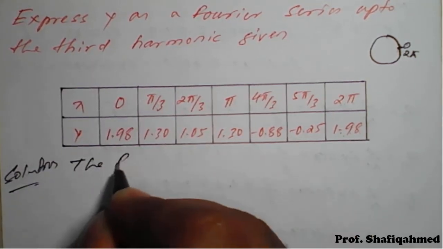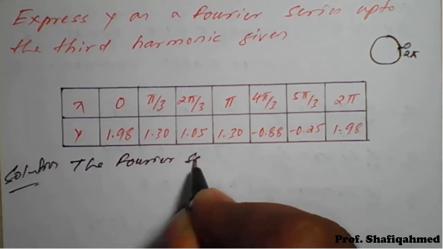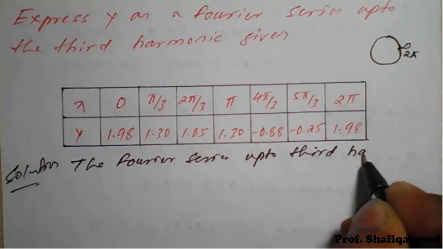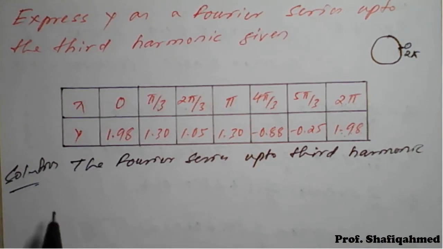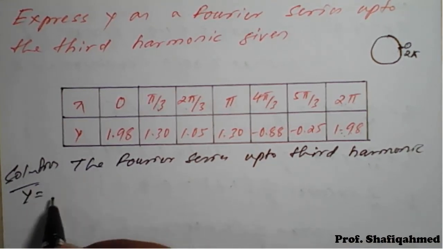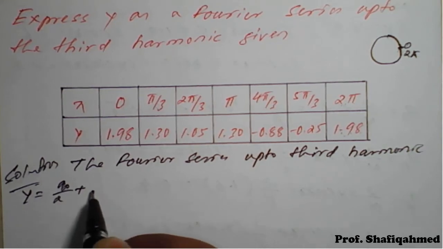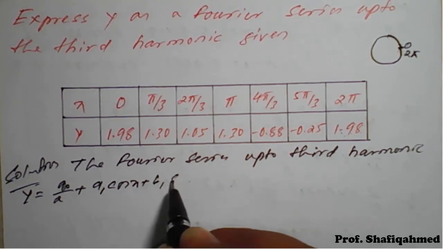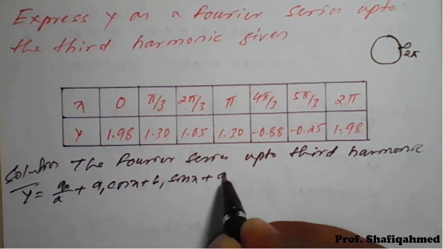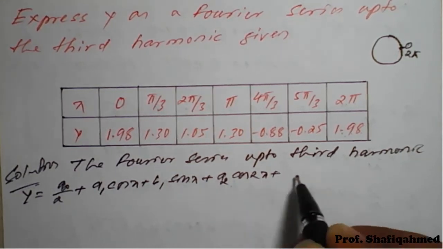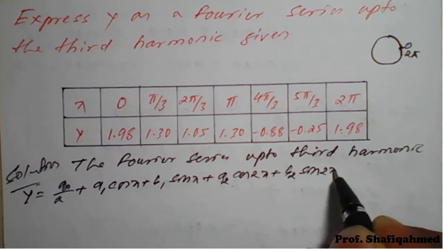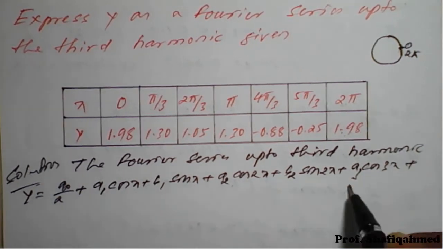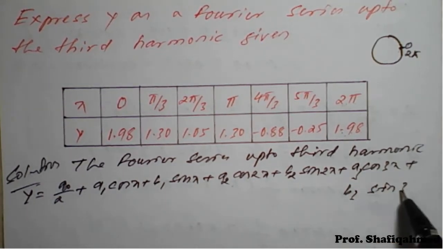The Fourier series up to the third harmonic is given by y is equal to a0 by 2 plus a1 cos x plus b1 sin x plus a2 cos 2x plus b2 sin 2x plus a3 cos 3x plus b3 sin 3x.